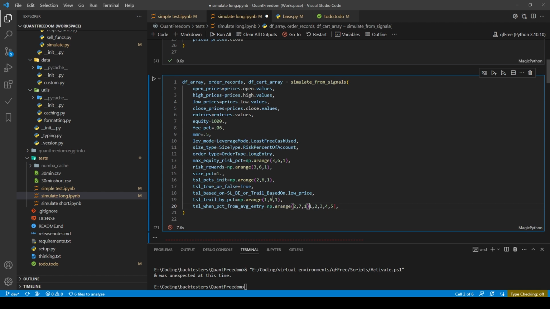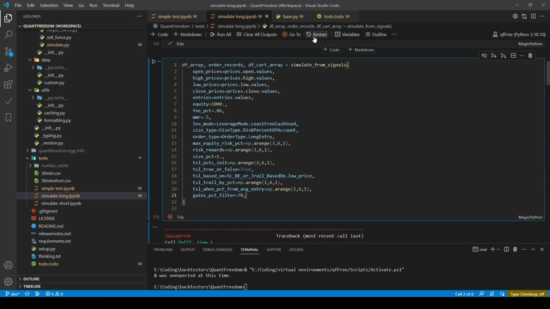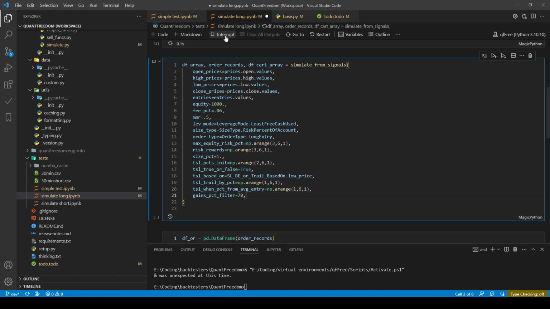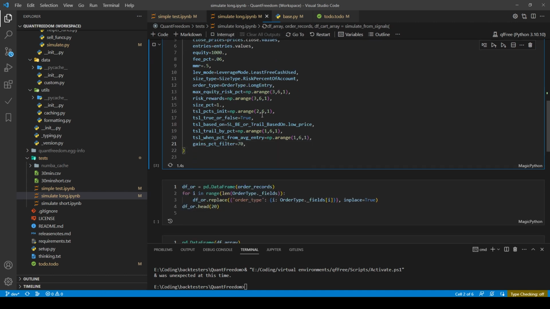And then here, the same thing, 1 through 5, 6. Then we'll do gains percent filter of 70. Okay. Let's see what happens here.